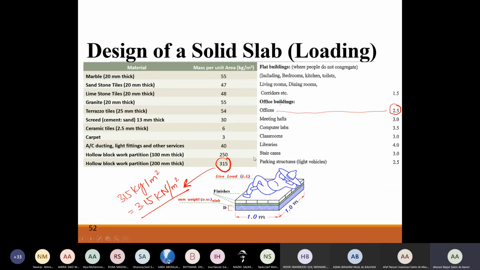Now I have told you we can use 3.15 kilonewton per meter square for your hollow block.